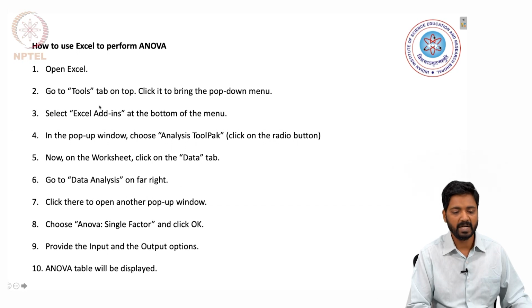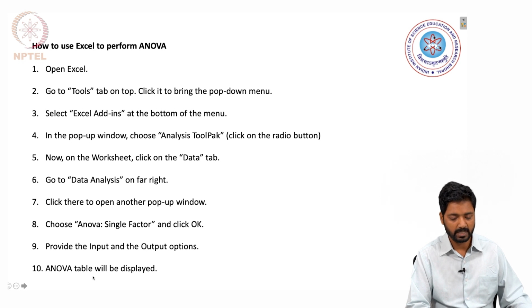So just to summarize, after clicking the Excel add-ins, the analysis toolpak was chosen, and in the data tab we get the data analysis icon activated on choosing the analysis toolpak. We choose ANOVA single factor for performing ANOVA, and finally provide the input and output options, and the ANOVA table is displayed.